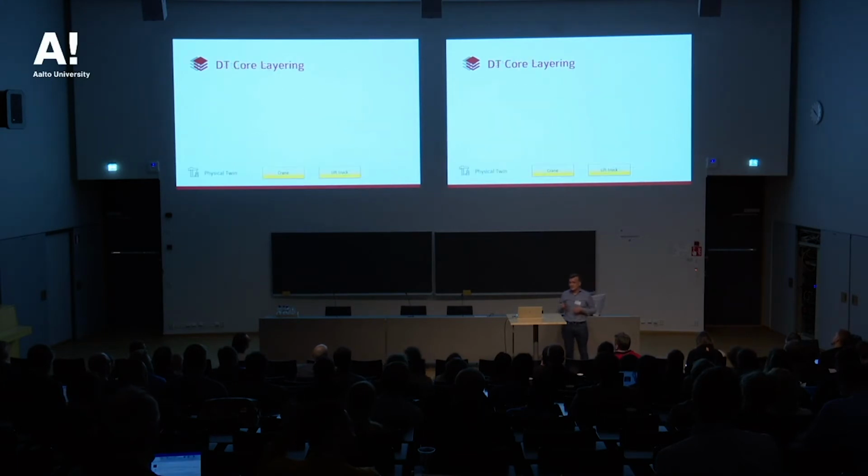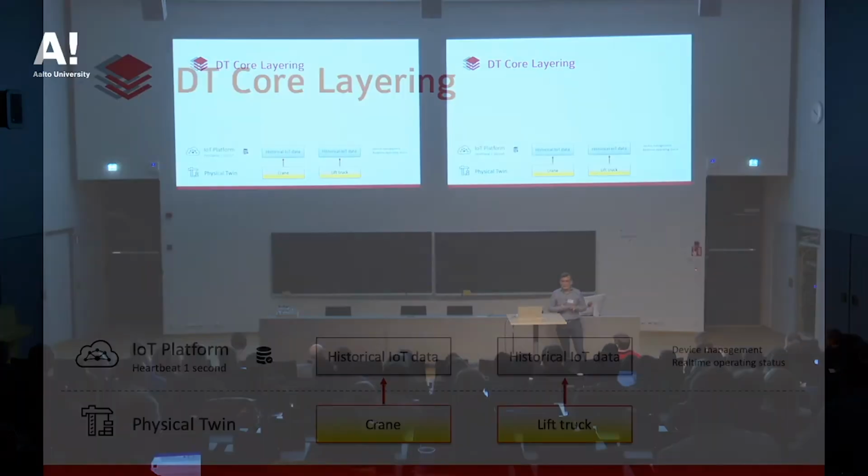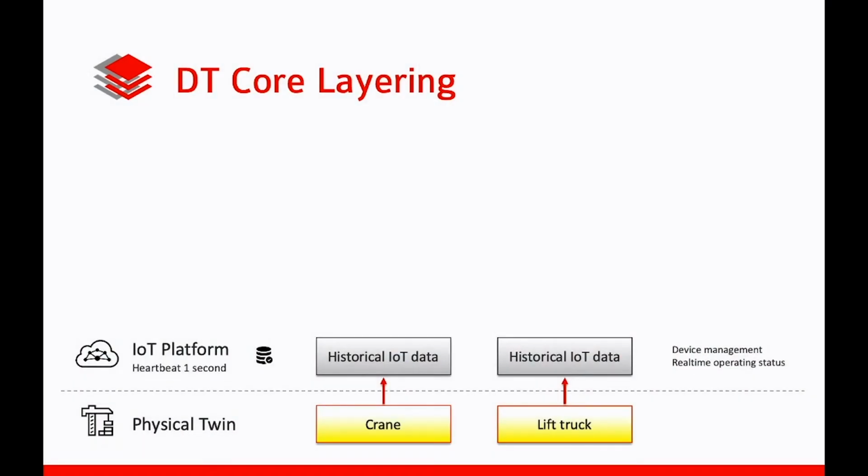So going on, if we have this physical twin now, we have, for example, a crane or a lift truck, and usually we have there an IoT platform, at least from our viewpoint, that's what we do. And we want to, for example, get data from the machine once a second, and we have quite a good view of how the machine operates.